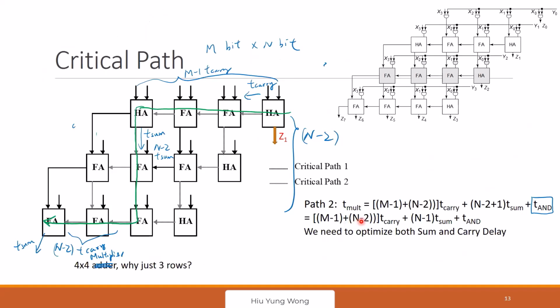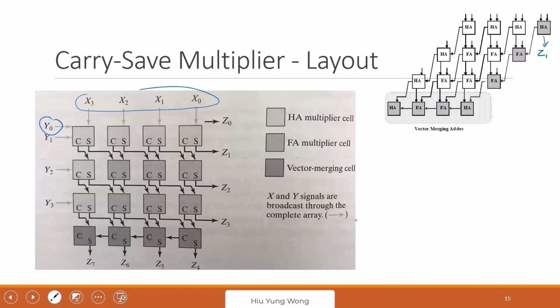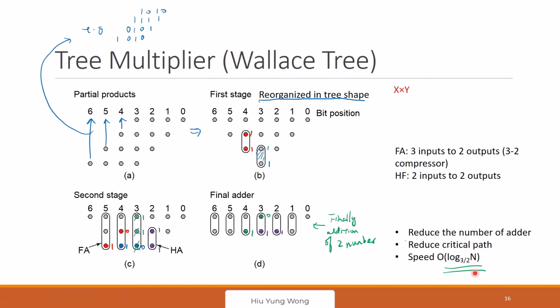It's in the order of n or even 2n, right? So if you have 128 bit, you may have 256 units of time. But now you use this log, although it is log 3/2, I don't know the exact number, but it may be just 10 units or 5 units of time.